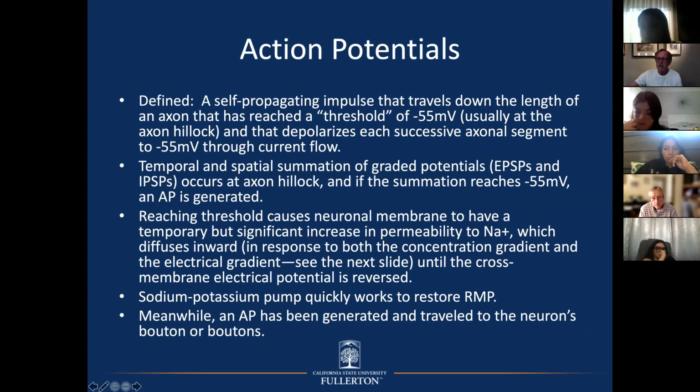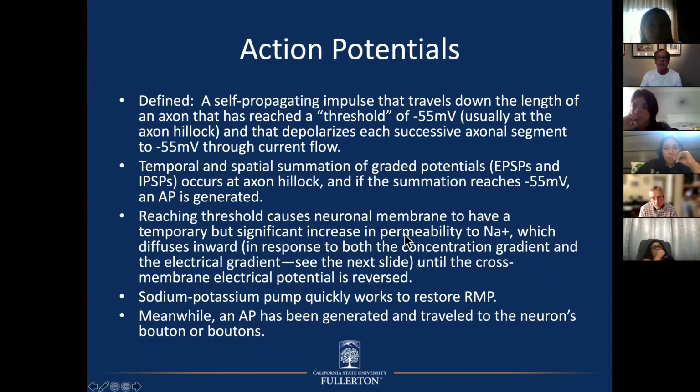The transmitter then diffuses across the cleft and has its effect of generating either an IPSP or an EPSP on the postsynaptic membrane. So no, that AP is going to go all the way. It's not going to stop.